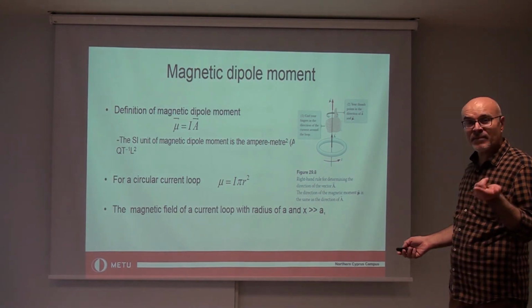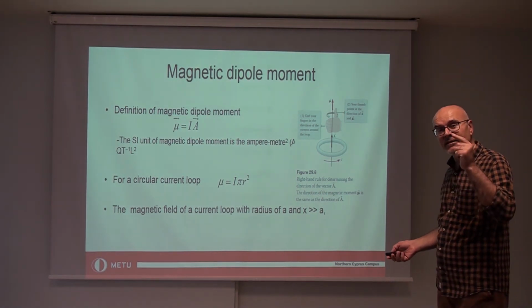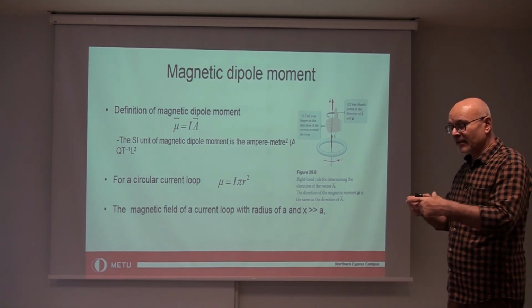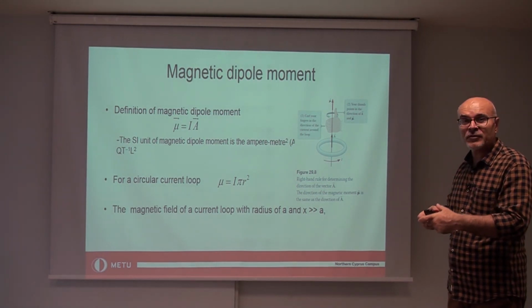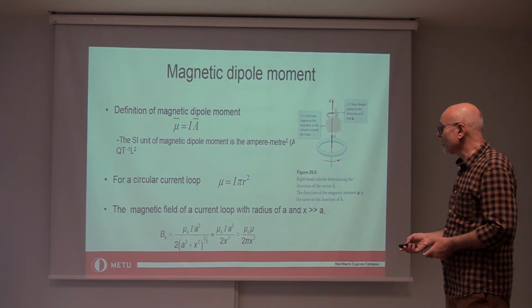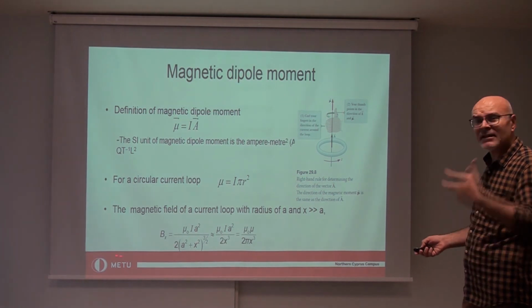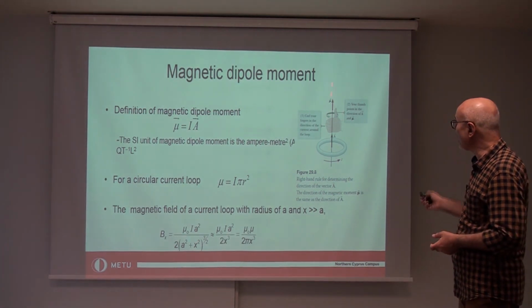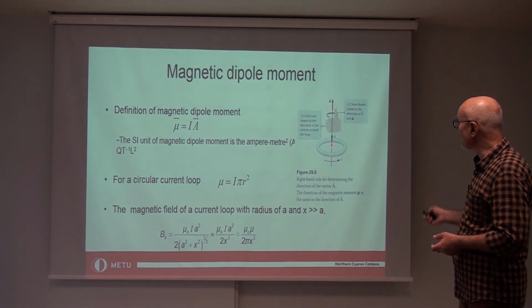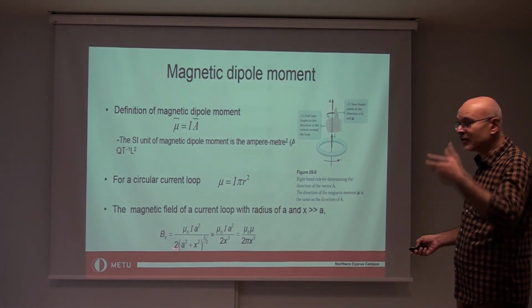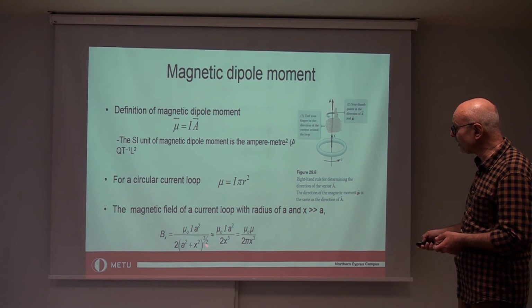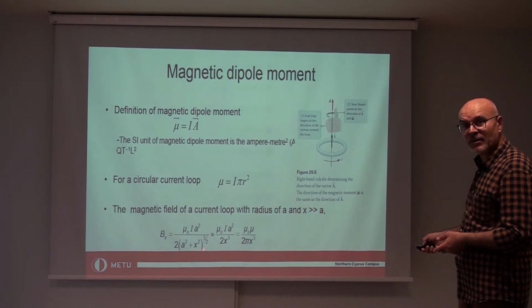Now we can express the magnetic field of the current loop in terms of the magnetic dipole moment. For example, at large distances along the axis of a loop, we found that the magnetic field was given by this expression.